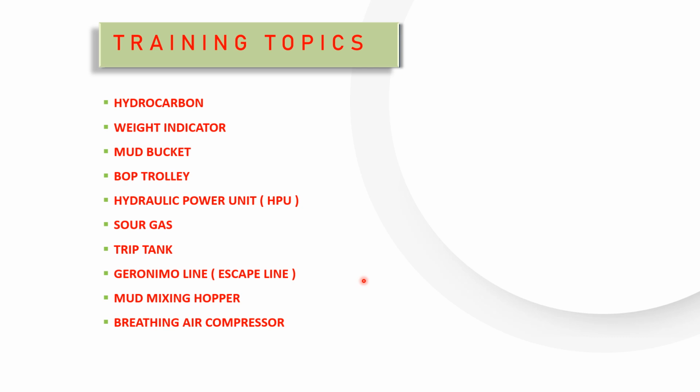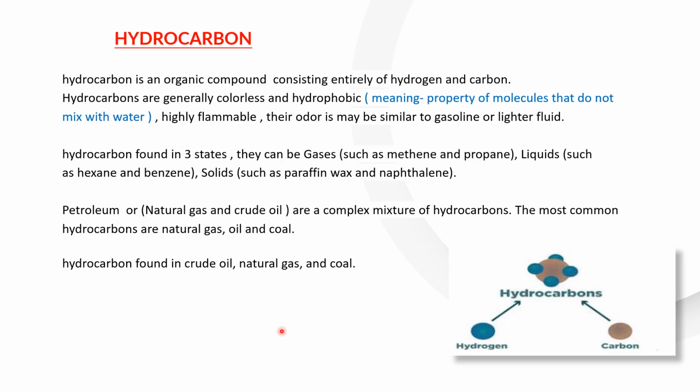So these are the rig equipments, and we will see what are the functions of these equipments in the rig. In my earlier videos, I have explained where these equipments are located in the rig. And now we are in a series on the definition and function of those rig equipments. So let's start the training.